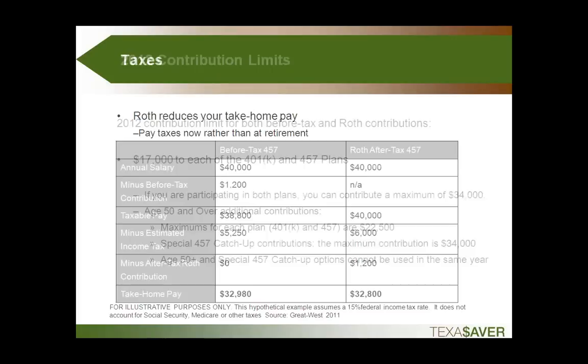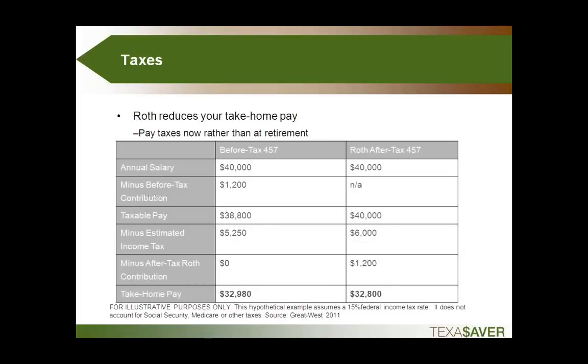So what would be the tax implications of choosing a Roth contribution versus a before-tax contribution? Well, Roth contributions reduce your take-home pay dollar for dollar because you pay taxes on your Roth contributions up front rather than when you take money out at retirement.